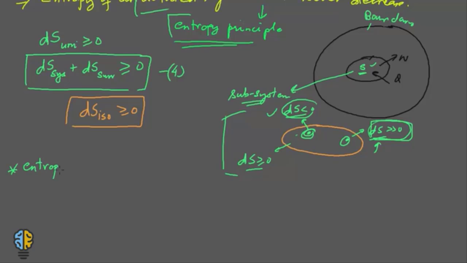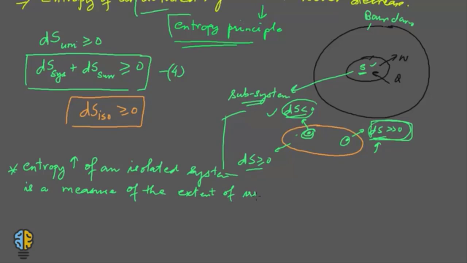the entropy increase of an isolated system is a measure of the extent of irreversibility of the process.